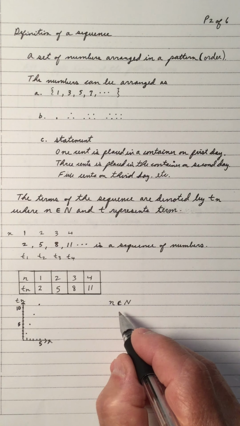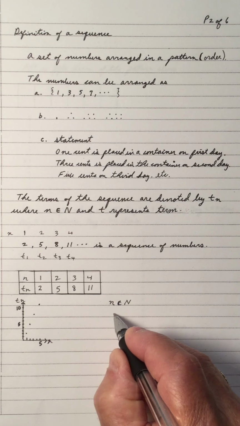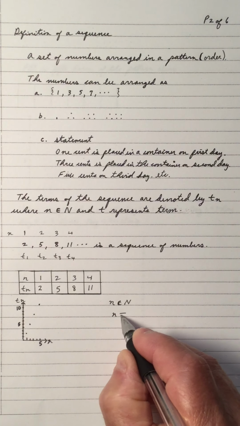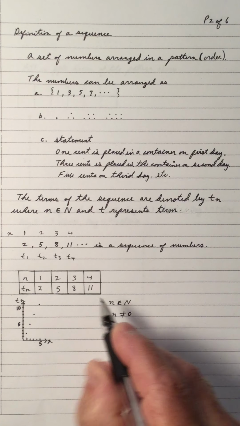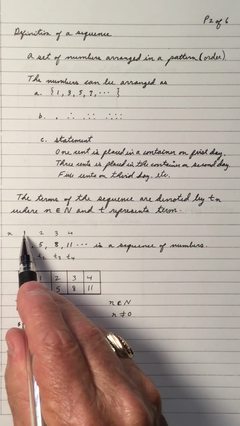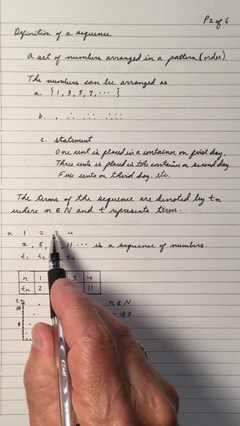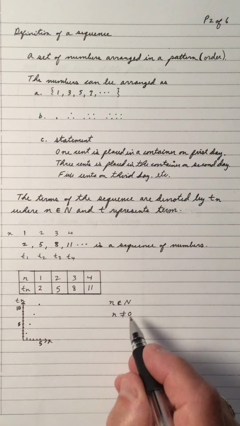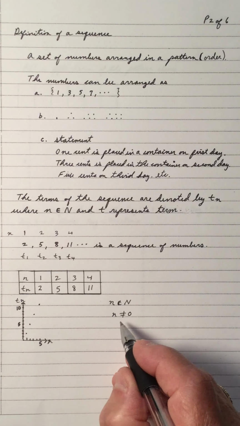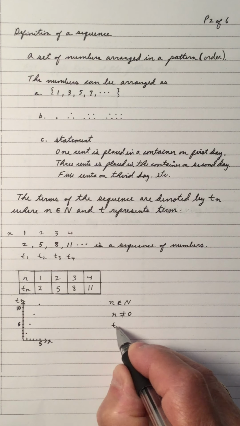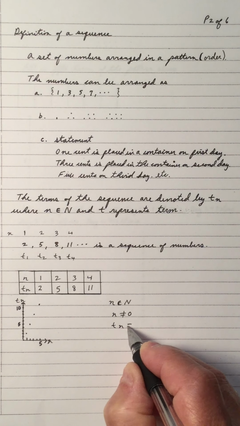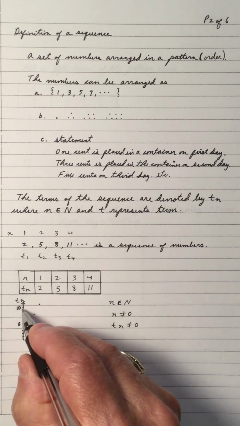And we also notice that n is not 0. Because when you start to do a sequence, you've got the first term, second term, third term. You don't have a 0 term. So n is not 0. And also notice that Tn is not equal to 0. There's no 0.